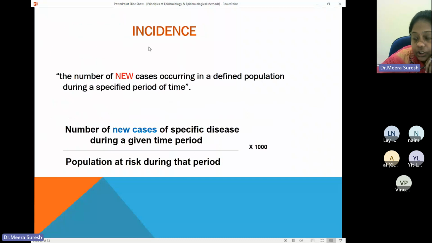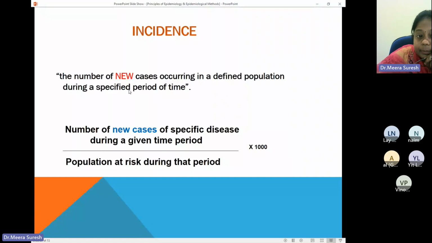To calculate morbidity, we use two very common terms, incidence and prevalence. In the practice of medicine, we have always used those terms. Whenever you started learning a disease, you would be learning incidence and prevalence, so this shouldn't be a new concept for you.